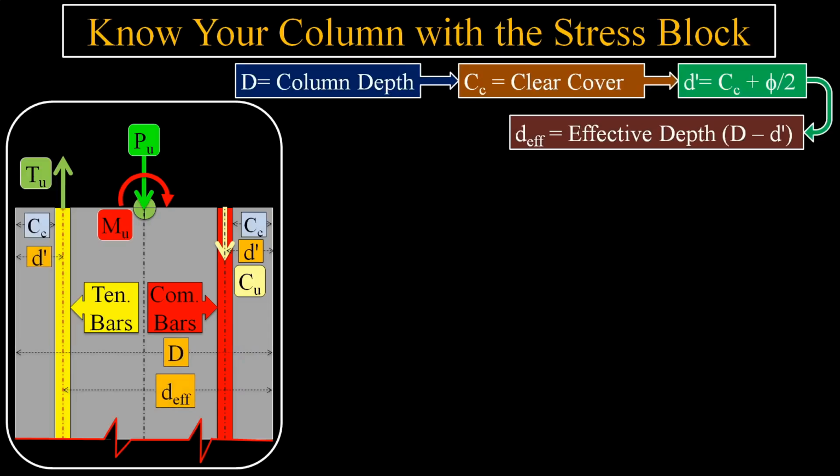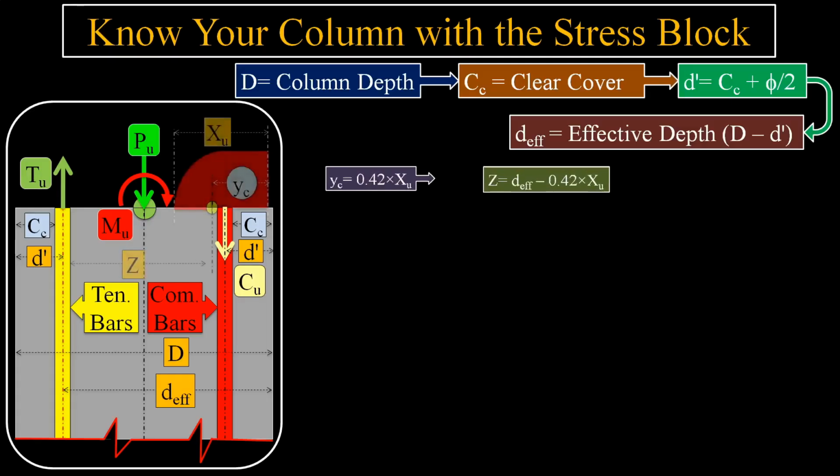D is the column depth. Cc is the clear cover, the distance of the external surface of the bars to the external surface of the column. Cover D' is the effective cover to the steel centroid, equal to Cc plus half the diameter of the bar. The effective depth, D effective, is D minus D'.